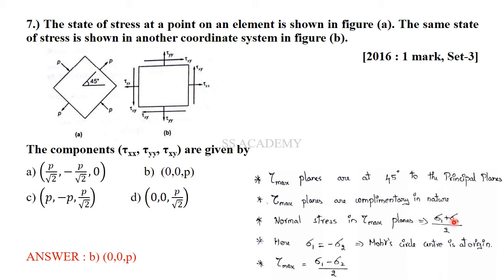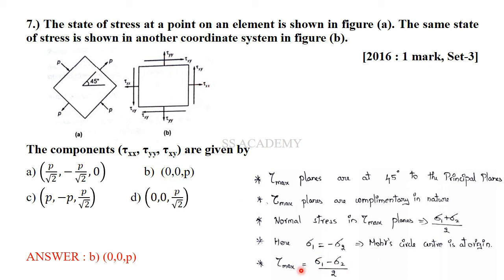So sigma 1 plus sigma 2 by 2 gives P by this area plus minus of P by this area, because this is compression. So this comes out to be 0. So tau xx and tau yy come out to be 0.